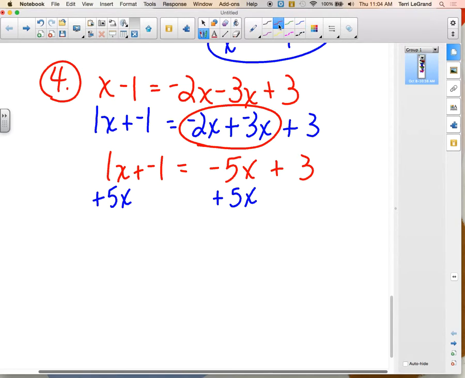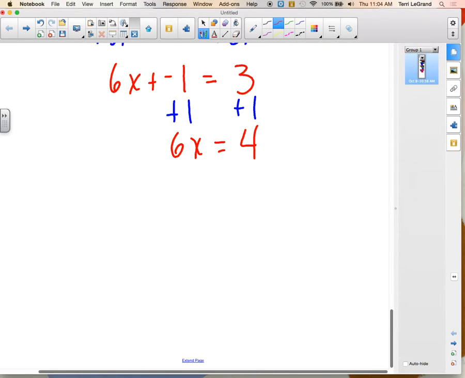So now I will have the 1x plus the 5x, which is 6x, and then plus the negative 1 equals 3. Okay, and now I, of course, am going to get the constant out of there because it's on the side with the variable term. And I will have 6x equal to 4 now.